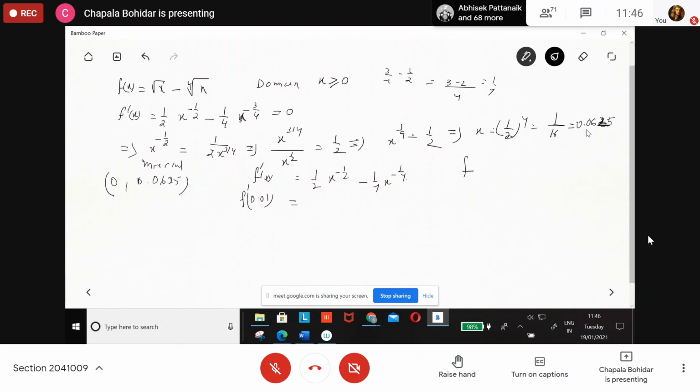Yes, ma'am. So what is the value of f dash at 0.01? Over that interval, without considering the two endpoints, is it a negative value or a positive value? Tell me.